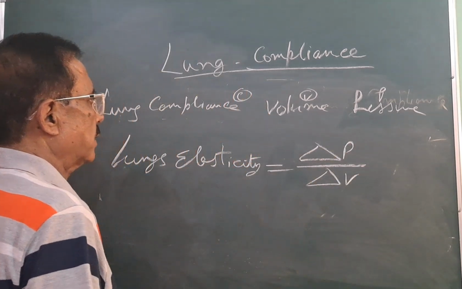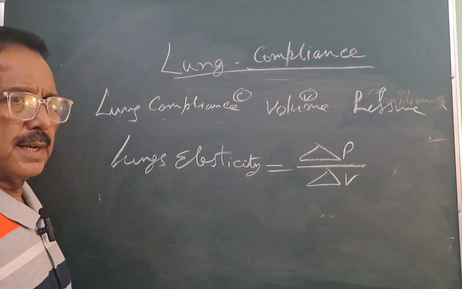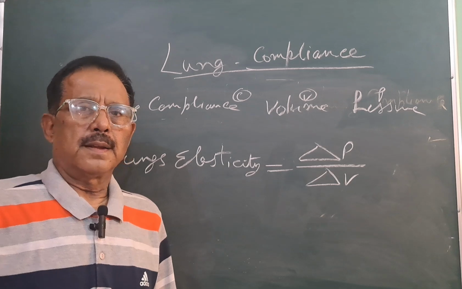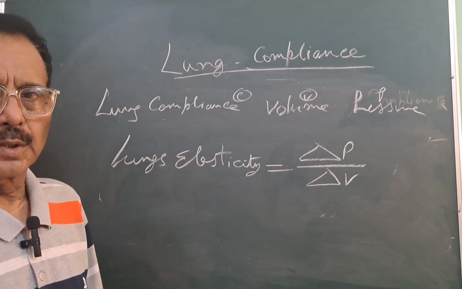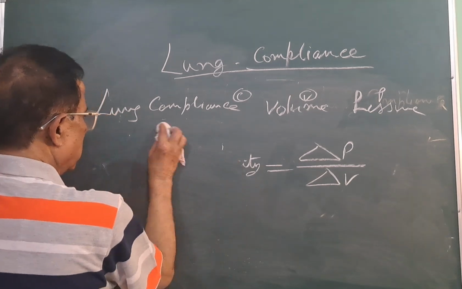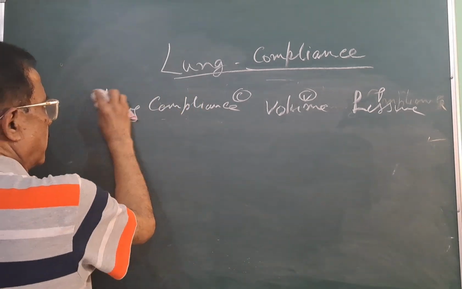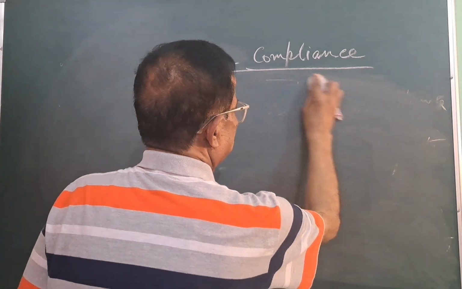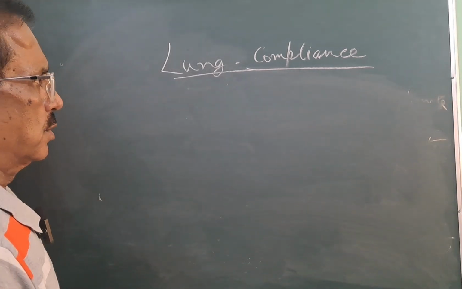It is just the reverse of lung compliance. Elasticity is provided by elastic fibers present in the interstitial and fibrous tissue, giving elasticity to the lung, thoracic cavity, and other parts also.